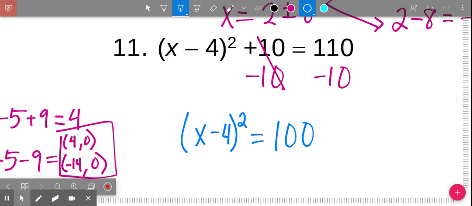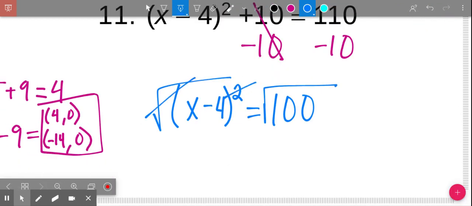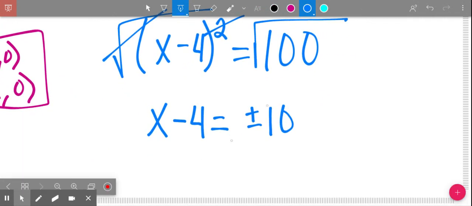So now from here, it turns into one of our normal problems. We're going to take the square root of both sides. The square root and the square cancel each other out. So I'll have x minus 4 is equal to the square root of 100 isn't just 10. We're going to write it as plus or minus 10. Now we have to get rid of that minus 4. So we're going to add it over.